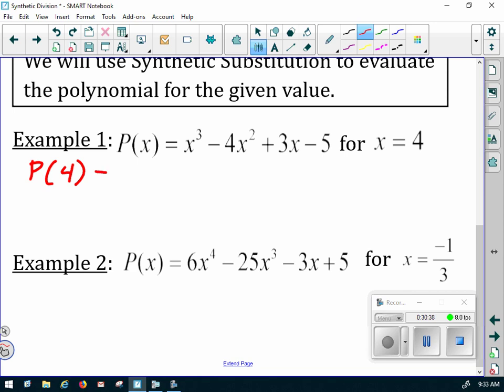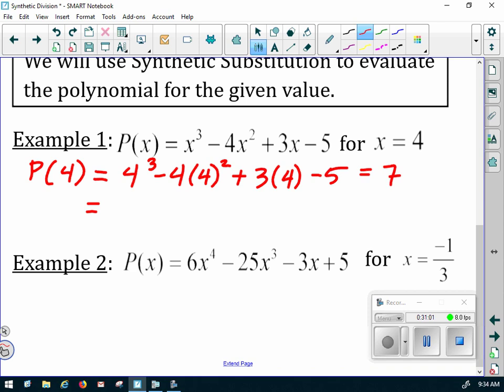So I want you to put in 4 everywhere you see an X. What's that give you? Good. That's what I got in my head. I was hoping that was right. I'm a nerd. I accepted a long time ago. All right. You should get 7.